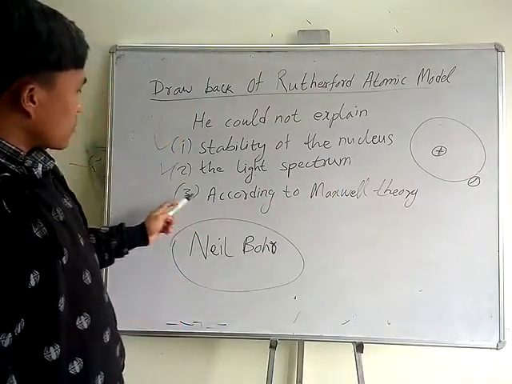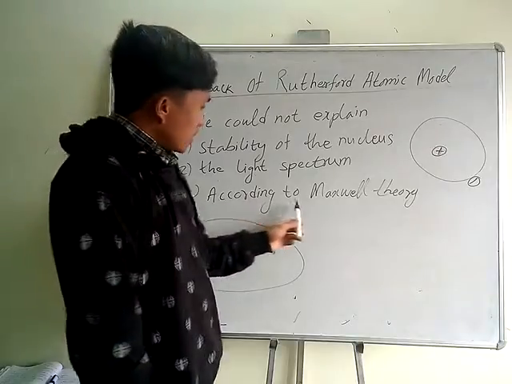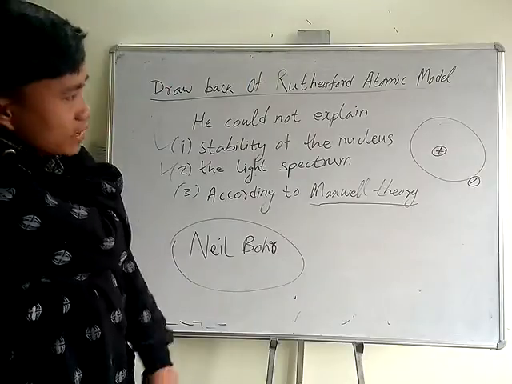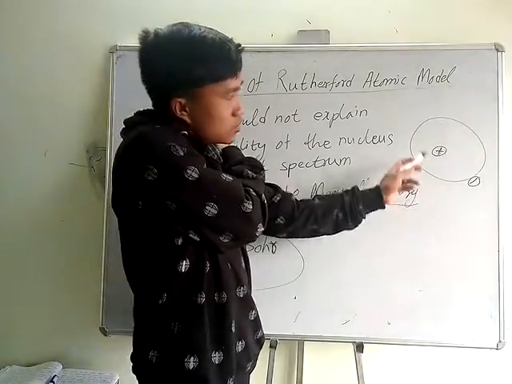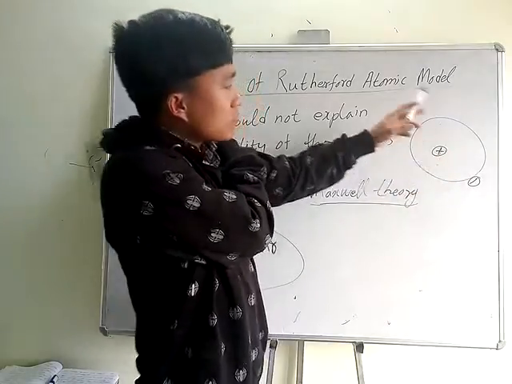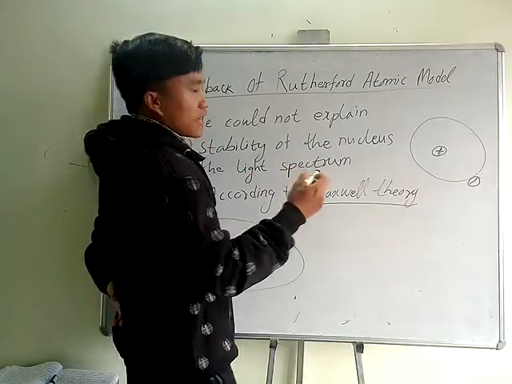And then number three is that according to Maxwell's theory, whenever two opposite charges, one positive and one negative, are revolving around each other, they will lose energy.